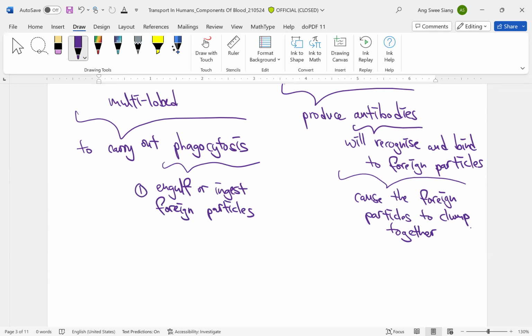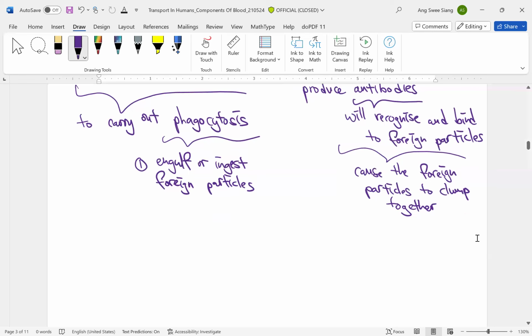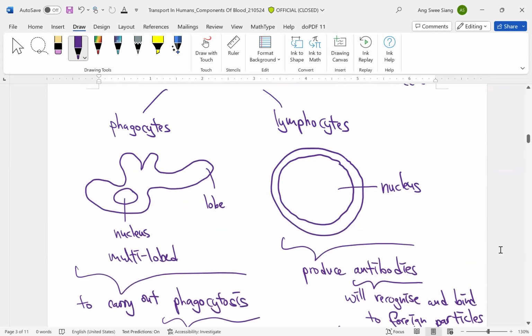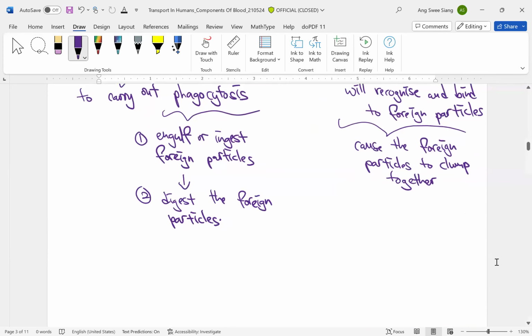After they engulf and ingest the foreign particle, they will then digest the foreign particles. Okay, so this is the function of the phagocyte.